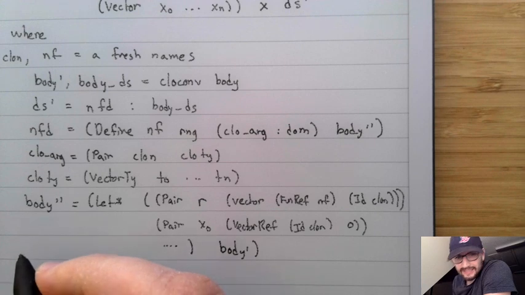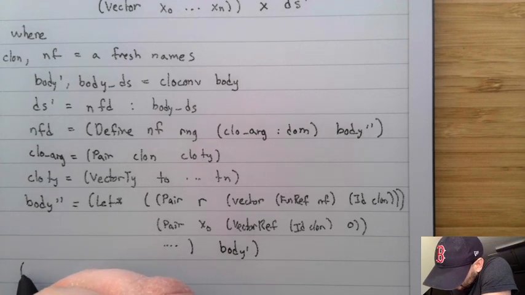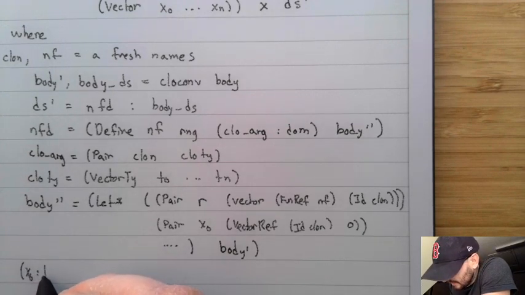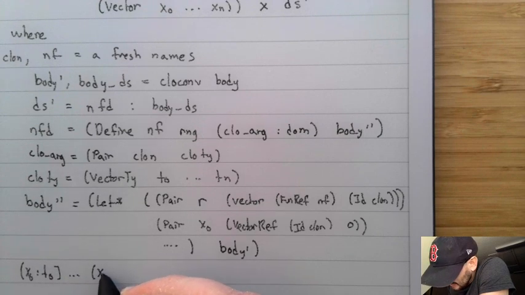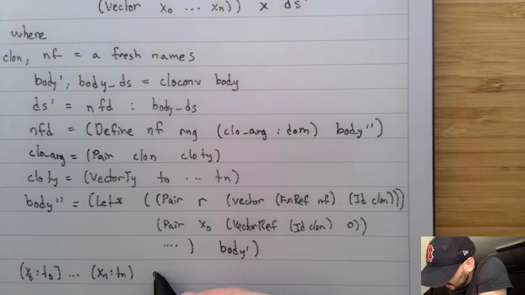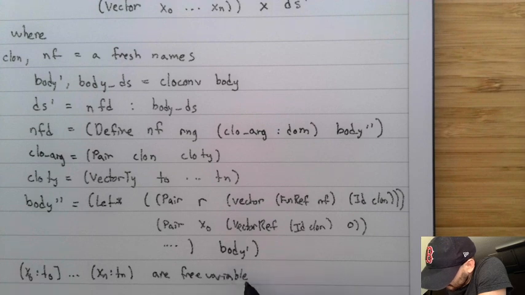So what we'll say is that x0 of type t0 through xn of type tn are free variables in body.